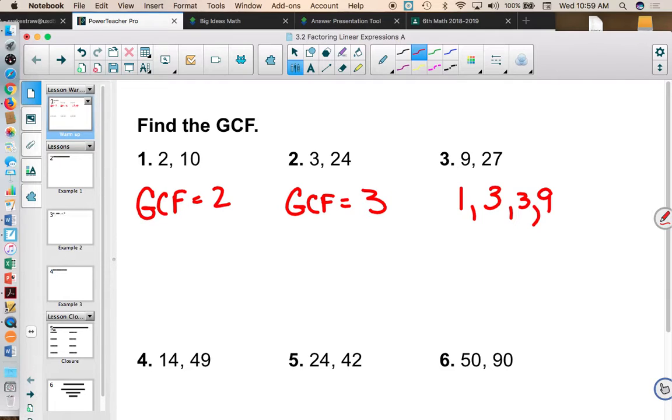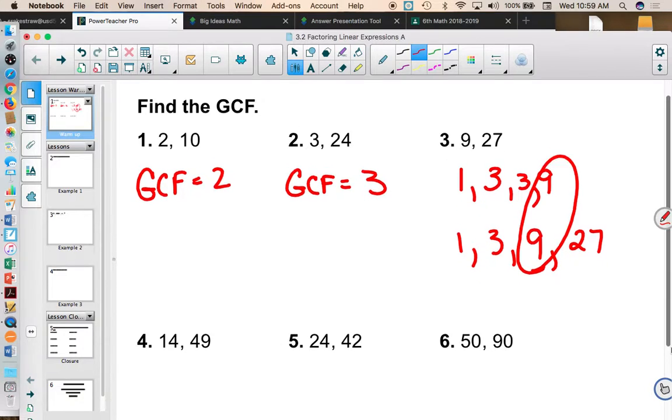What are the factors of 27? 1 and 27. What else? Will 2 go into 27? No. Will 3 go into 27? Yeah. 3 and 9. Are those all the factors of 27? What's the greatest one that they have in common? 9.